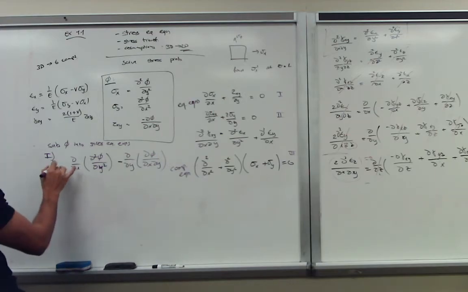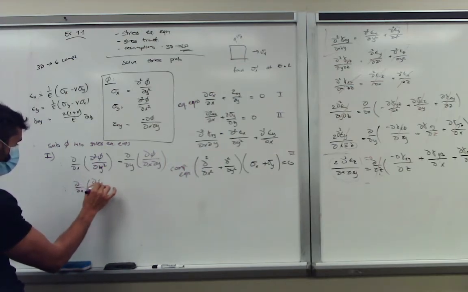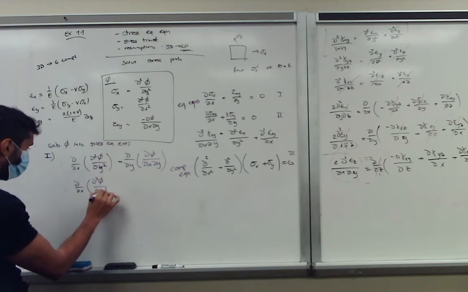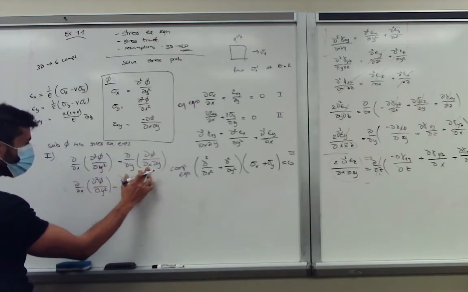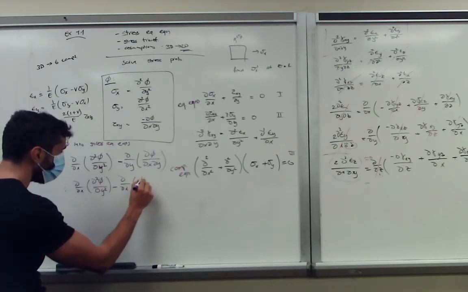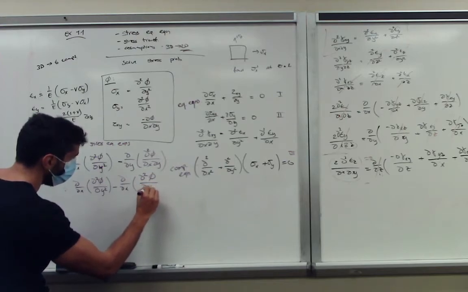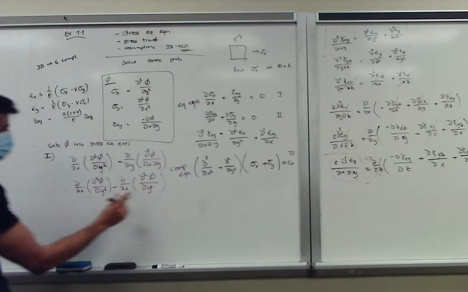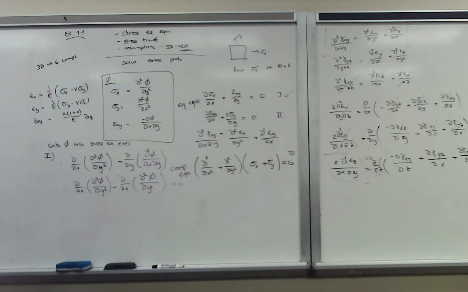And then, of course, you can just take the differentiation with x out of it and put a y in the bracket. So this is equal to 0. So our first equilibrium stress equation is satisfied.